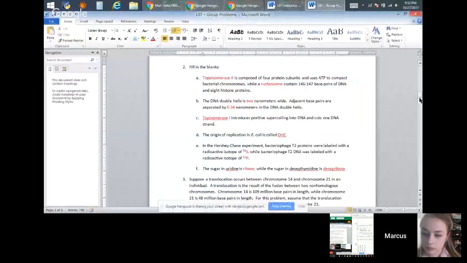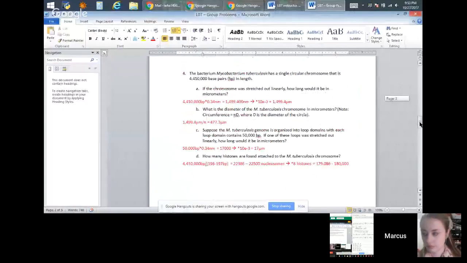All right, sweet. I got 4 and 5, and I'm just gonna screen share real quick. Okay, and here in 4, we're talking about the lengths of this chromosome here. And 4a says that the chromosome was stretched out linearly, how long would it be in micrometers?